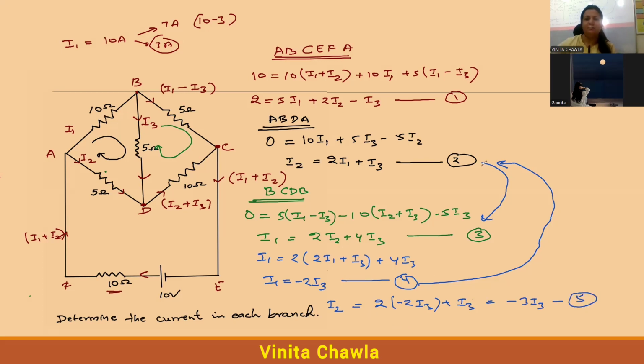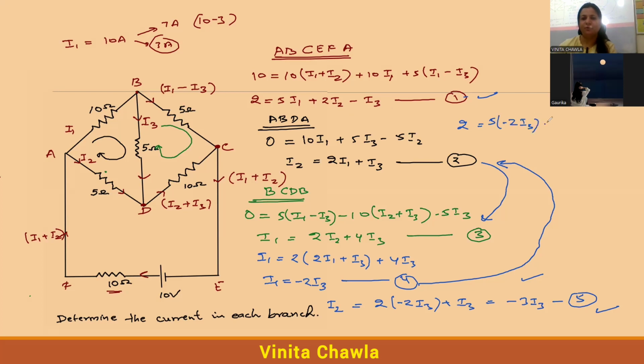Now from the first equation, fourth equation, and fifth equation, put the value of I1 and I2 in the first equation. You will get the value of I3. It's 2 is equal to 5I1. For I1, we will write minus 2I3.